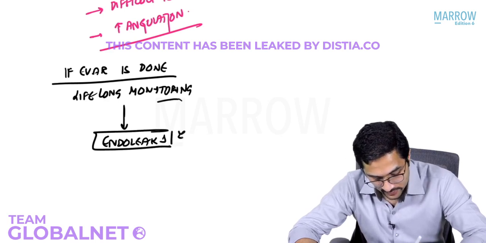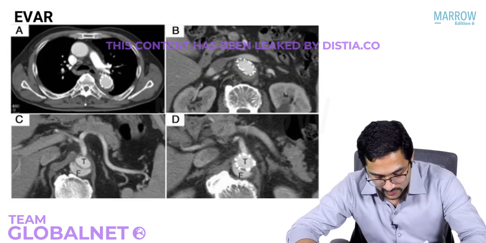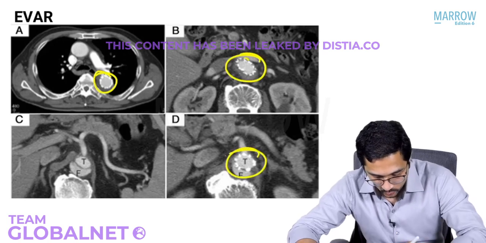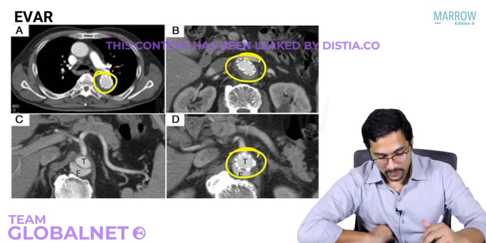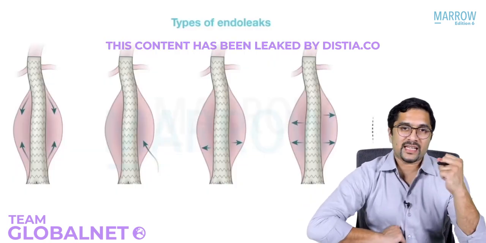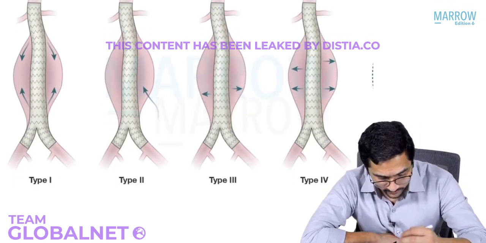These grafts can leak. So you can see in the CT angio here, this is what an EVAR looks like in the aorta. You can see the hooks there where the graft is in place. This is EVAR. And I told you that endoleaks can occur in these patients. So we have to monitor them lifelong.